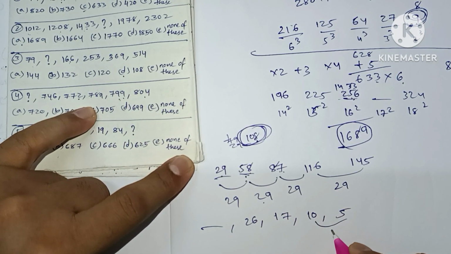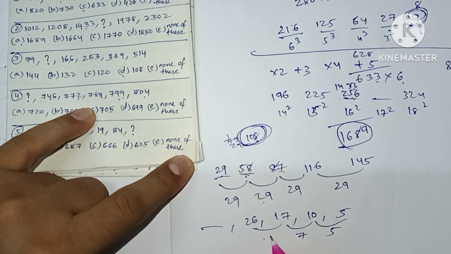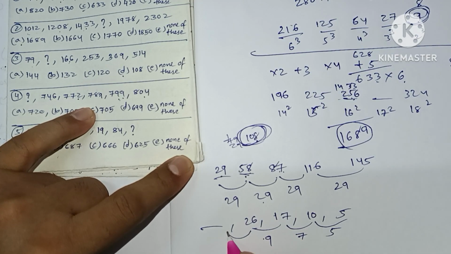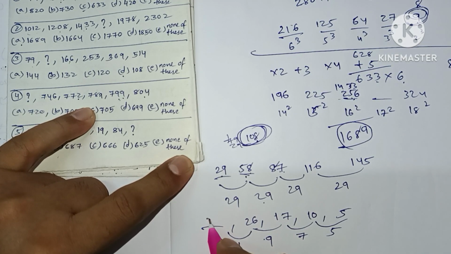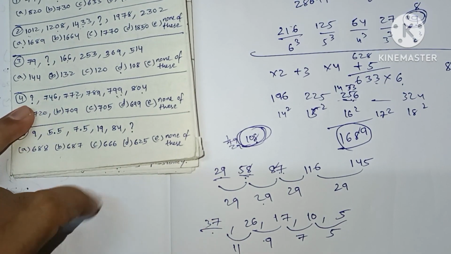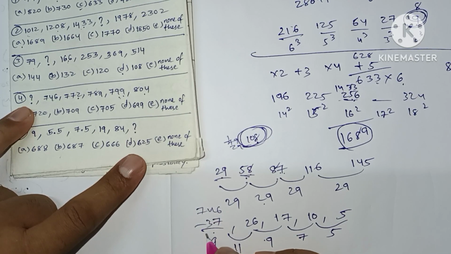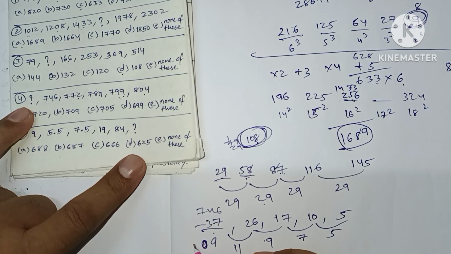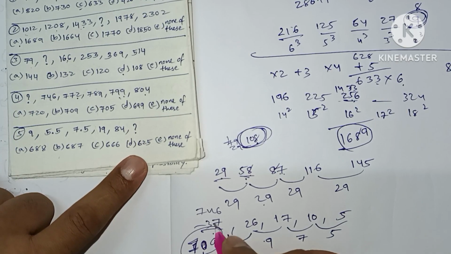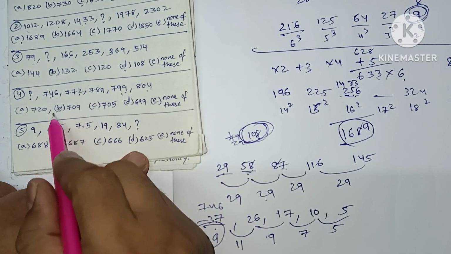Again further differences are 5, 7. Next one is 9. So these are odd numbers, so it must be the difference of 11. So 37 is here. Here the numbers are increasing in order. So 746 minus 37 will be 709. 709 plus 37 will be 746. So our answer will be 709, option B.